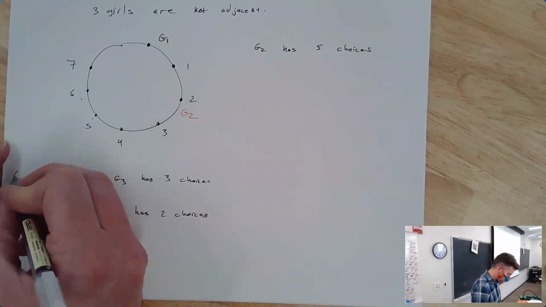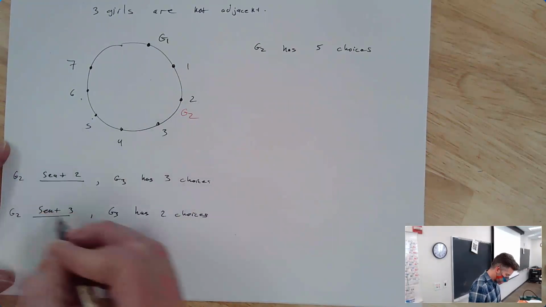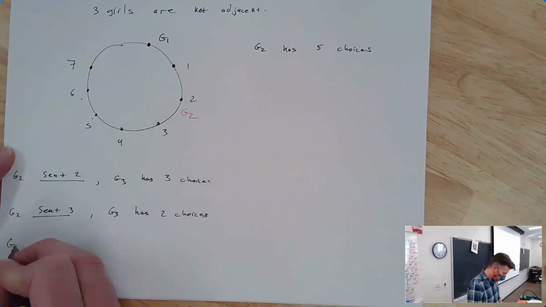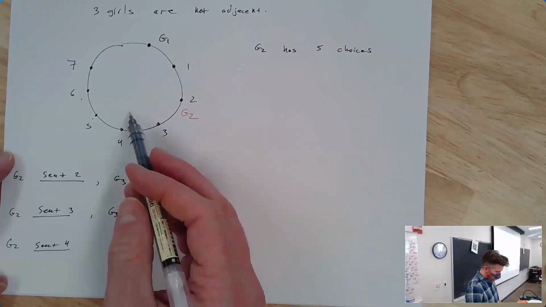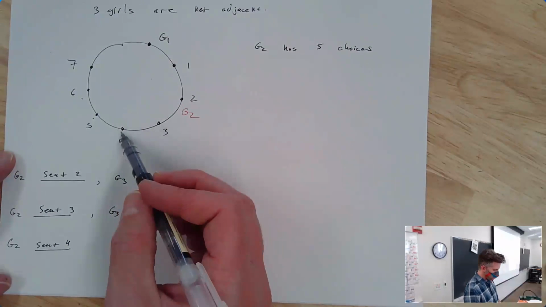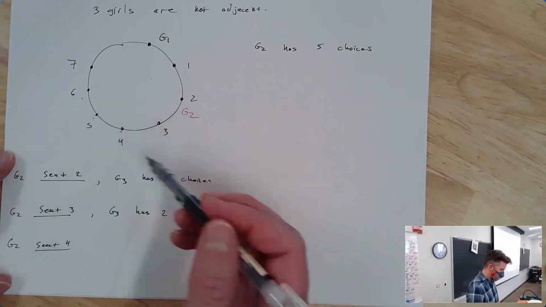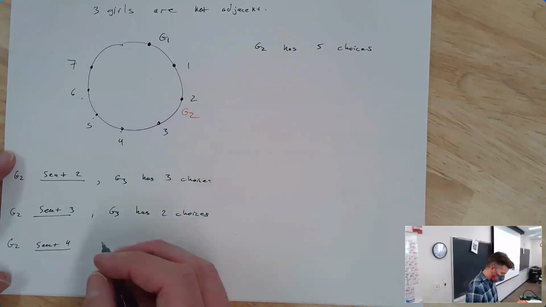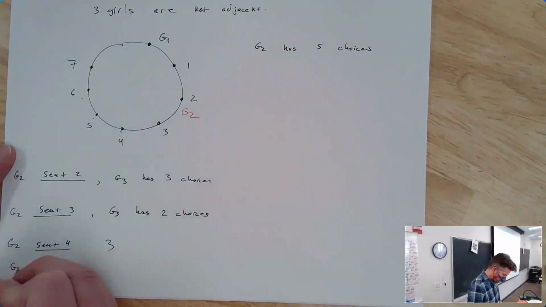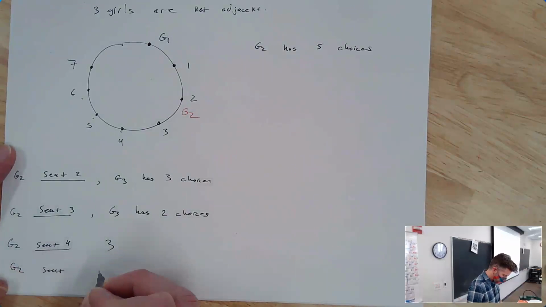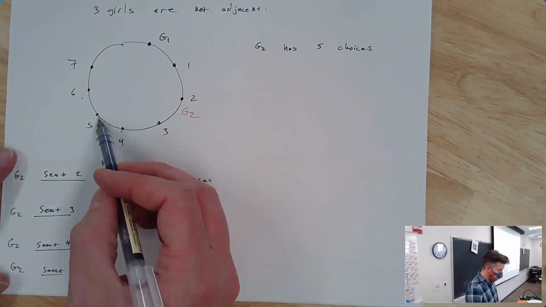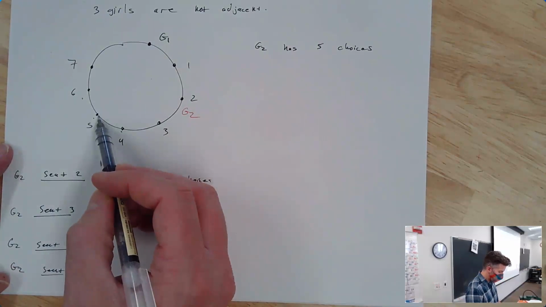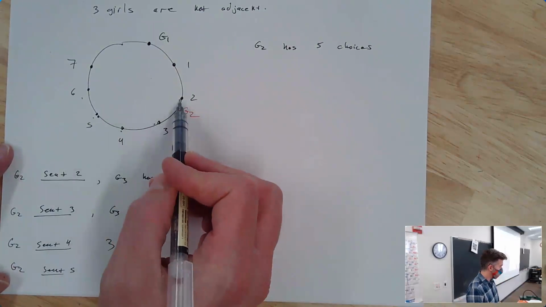So if girl 2 is in seat 2, and girl 2 is in seat 3, I guess we should look at the rest. So girl 2 is in seat 4. Yeah, then girl 3 can be anywhere because she can be in 2, 4, 6, or 7. So then there's 3. In seat 5, there's only 2 possibilities, right?